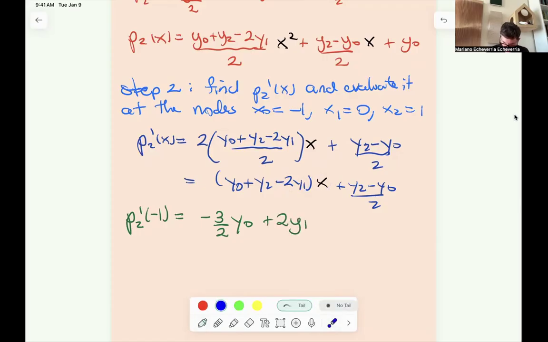And then -1 with y2 gives you negative y2, plus y2 over 2, so that gives you -1/2 of y2. Is that okay? That is just what you get by evaluating at x equals -1.